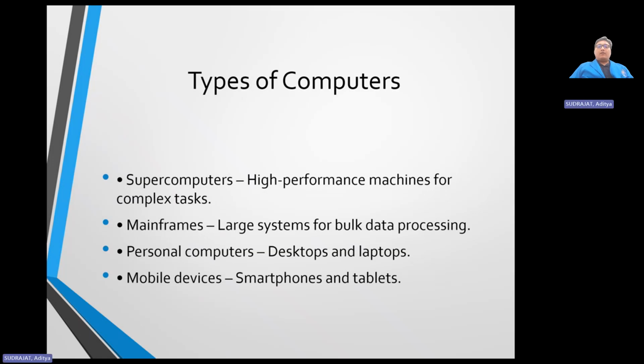Here are the types of computers. Supercomputers are high performance machines for complex tasks. A laptop might also be considered a supercomputer, or maybe a computer that runs in medical settings. There are also mainframes. A mainframe is a large system for bulk data processing, a computer that has so much data to be processed at one time.